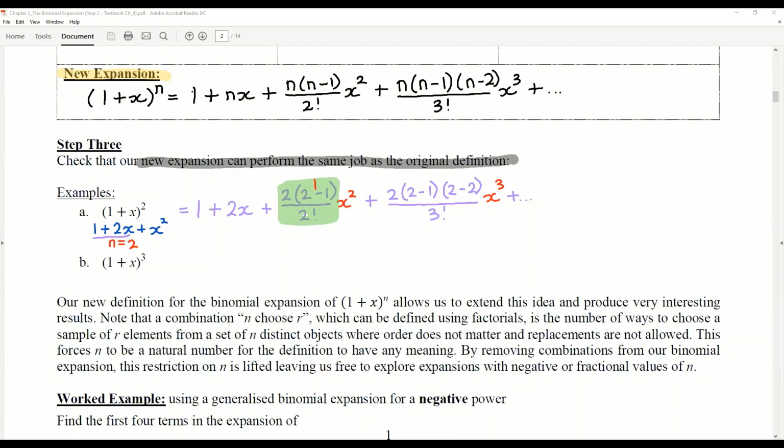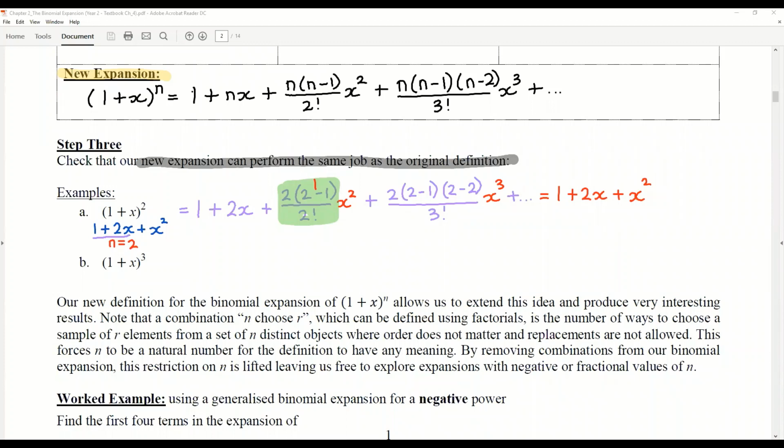So straight away, we can see this is going to be 1 add 2x plus 2 over 2, which is 1, so plus x squared. So it looks promising, doesn't it? But I don't really want any more terms. There shouldn't be an x cubed term, there certainly shouldn't be an x to the 4 term, and there shouldn't be anything else coming. Is this the case?